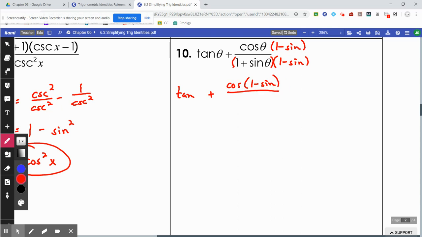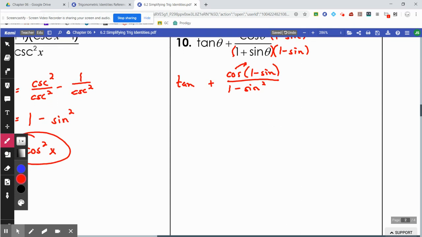And on bottom, I'm going to have 1 minus sine squared after I multiply that together. And notice I did not go ahead and distribute this. I would just leave it for just a second. I'm going to leave my tangent over there. So now I have 1 minus sine squared on bottom, and I know that 1 minus sine squared I can turn into cosine squared.